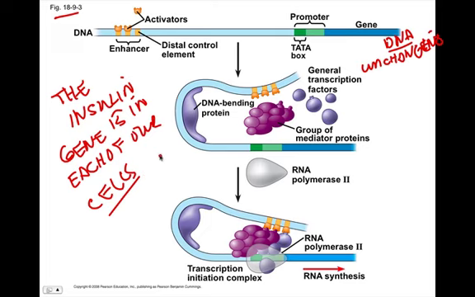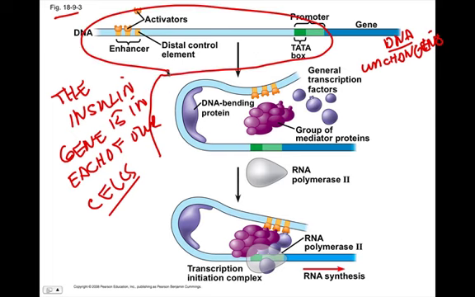And how is that possible? The answer is the promoter regulates insulin so that the insulin gene is only made in the pancreas. But the DNA is unchanging. So the DNA looks the same in all our cells.